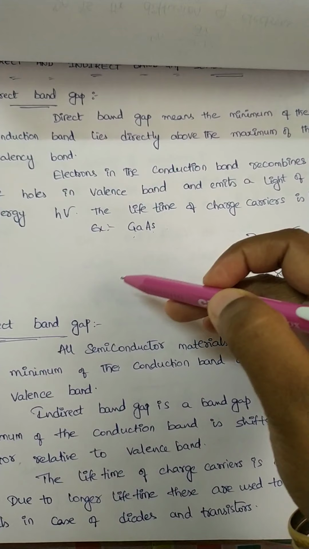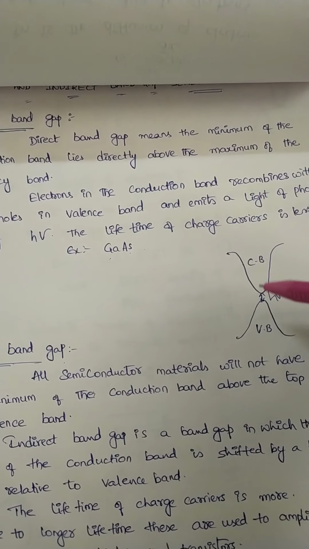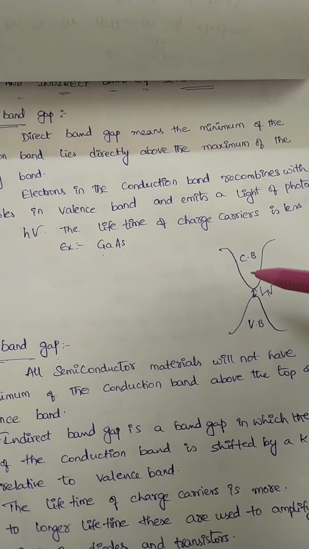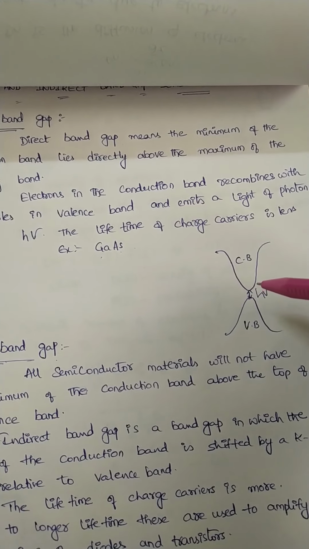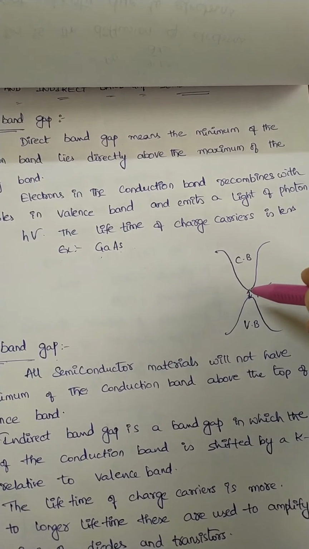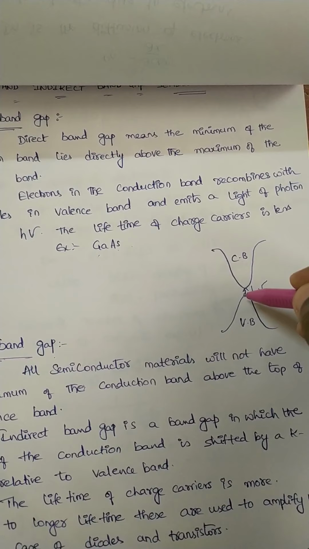Whereas in the case of indirect band gap semiconductors, the materials do not have the minimum of the conduction band directly above the top of the valence band.